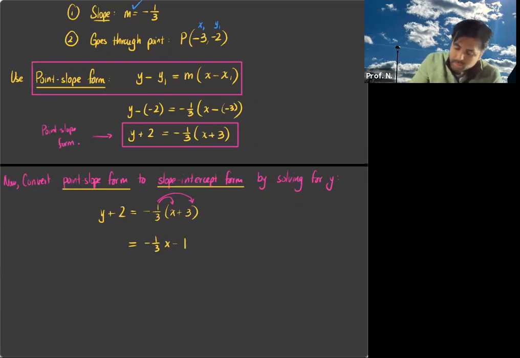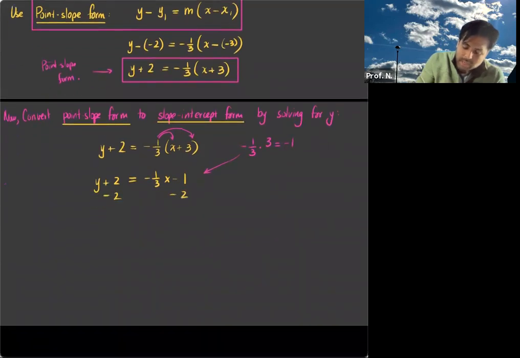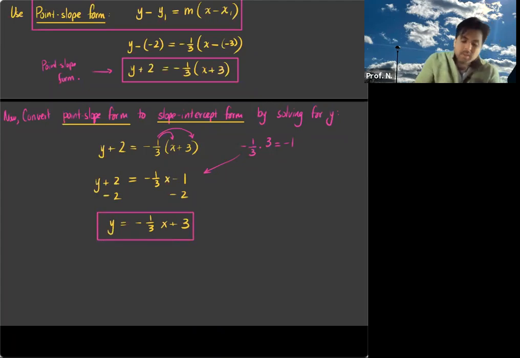Right? So let me just write this. Negative 1/3 times 3 is negative 1. So that's why I have the negative 1 here. And I still have this y plus 2 here. So I subtract by 2, and I get that y is equal to negative 1/3 x plus 3. And look what I just accomplished. I accomplished rewriting the point slope form into slope-intercept form.